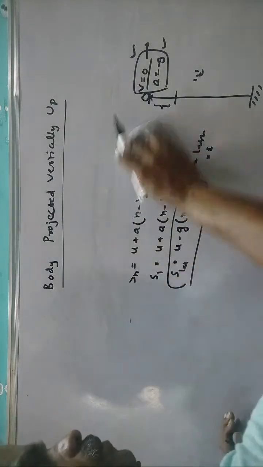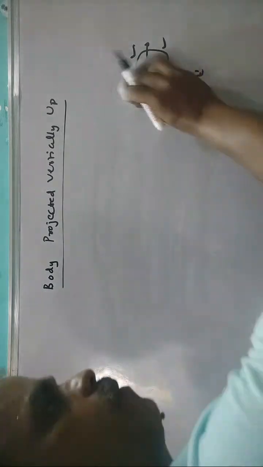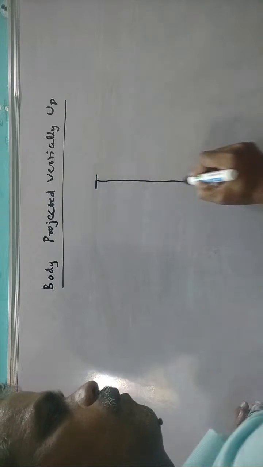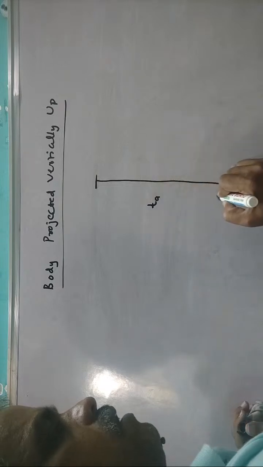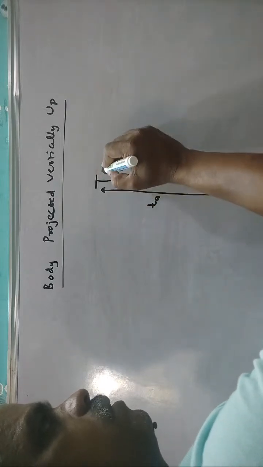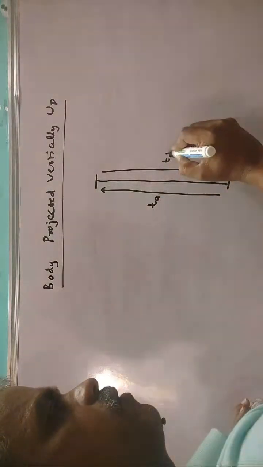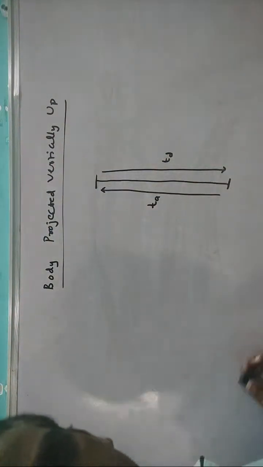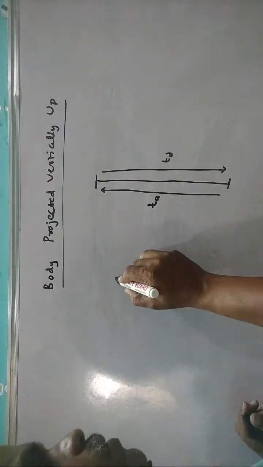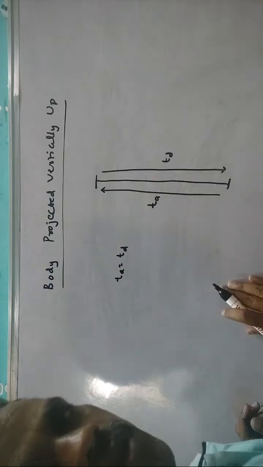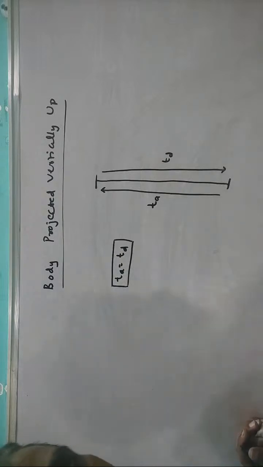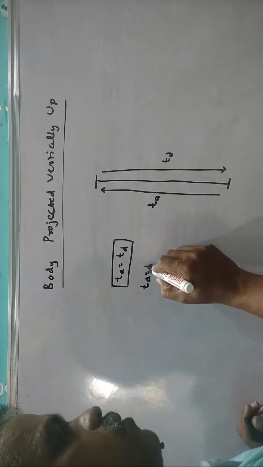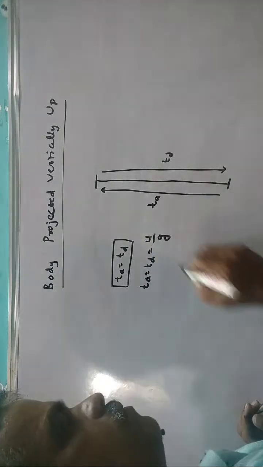Next, in this case, this is the time of ascent, and this will be the time of descent. So here time of ascent equal to time of descent, that is TA equal to TD, equal to u by g.